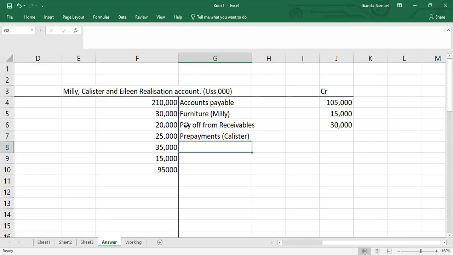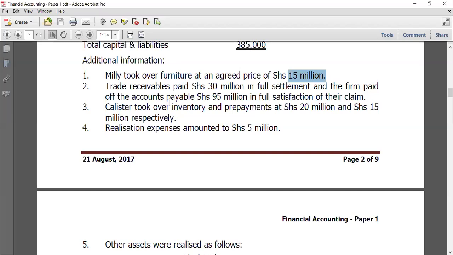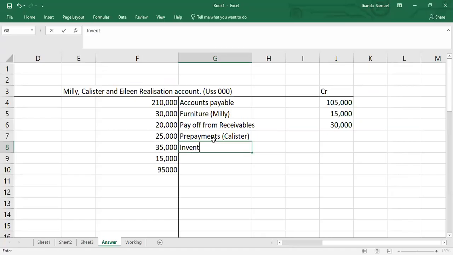And they're telling me, apart from the prepayments, she also took over inventory at 20 million. Inventory, this is Calista. So this is 20 million, which is 20,000. And this is 15 million, which is 15,000.